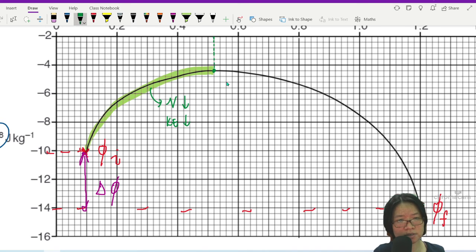KE decreases because GPE increases. How do I know GPE increases? You see, we went from negative 10 to negative 4.4. Negative 10 to negative 4.4 is an increase.